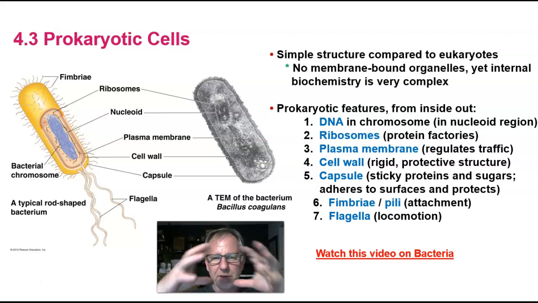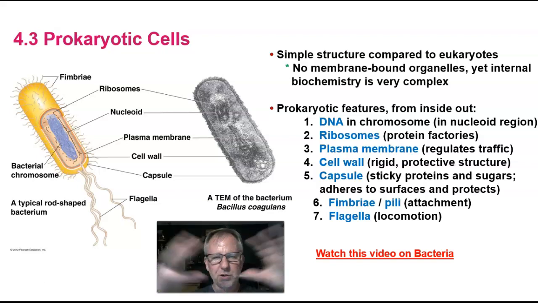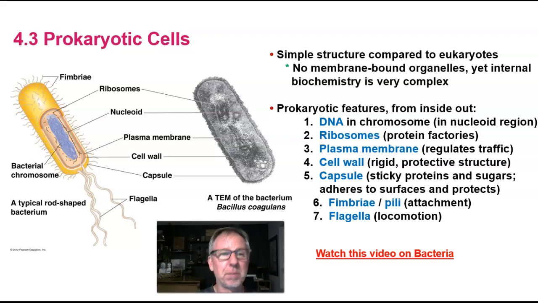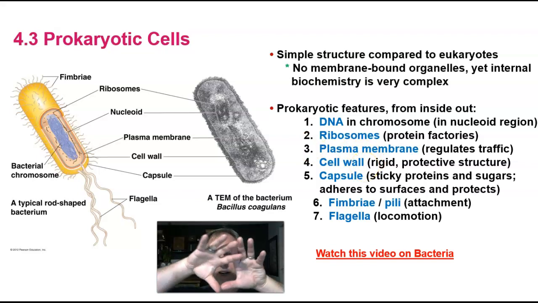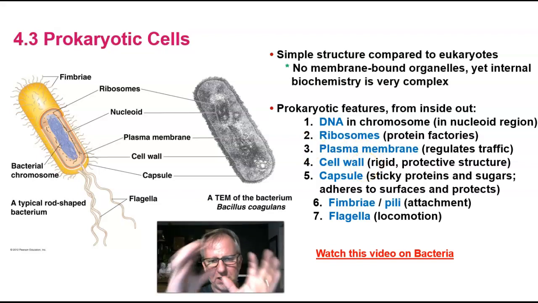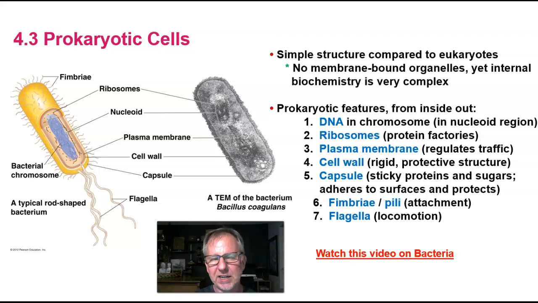Remember, the ribosomes are little protein factories. That's where the genetic code is used to link amino acids together and make proteins. Then when we get to that boundary of the cell that's holding all this stuff in and controlling what goes in and out, that's the plasma membrane. Sort of regulates the traffic. Then if we go just outside the plasma membrane, there's like a shell that surrounds the plasma membrane, and it's called a cell wall.